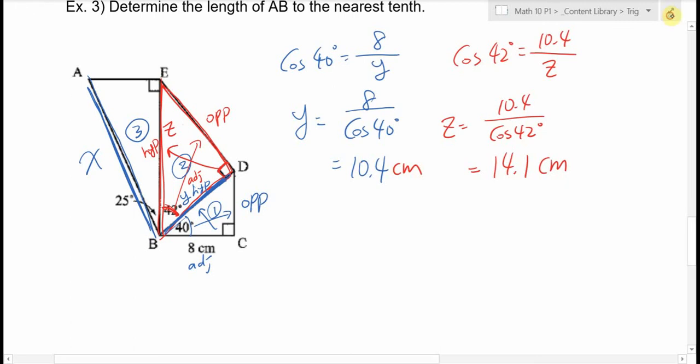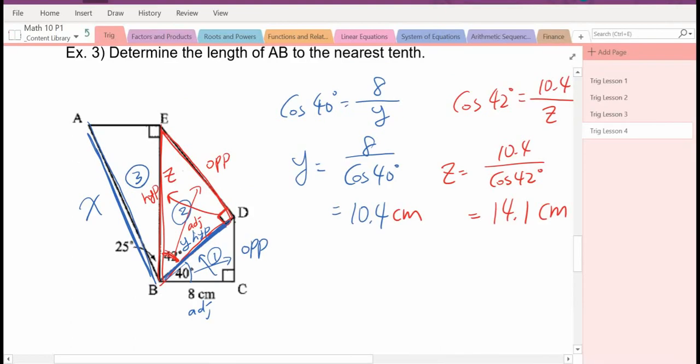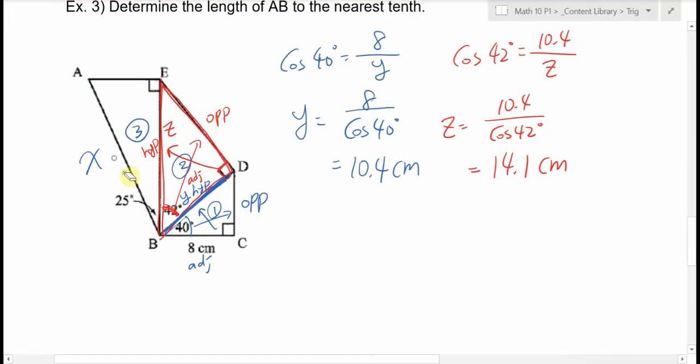Now we can use the information that we just got, and we can solve for the last triangle. Let me redraw that using green now. Here is the last triangle we need to solve for, and we're solving for x. This is 25 degrees.